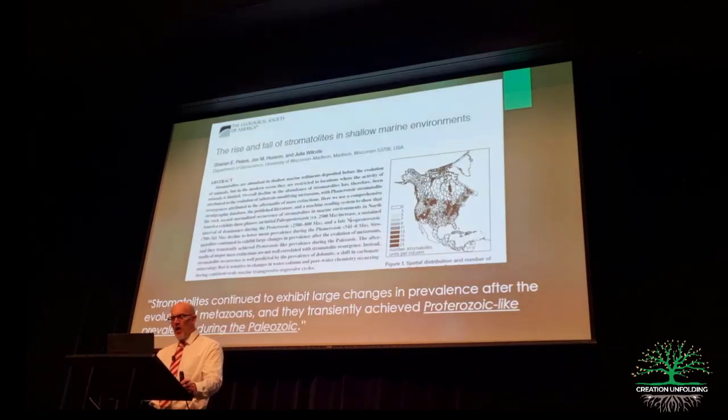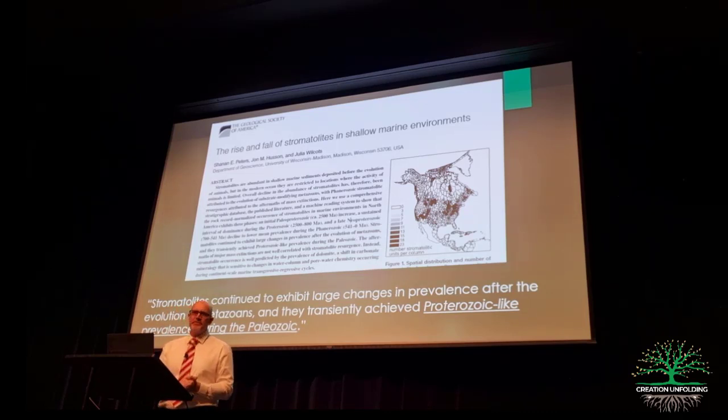So here's what I really want to do here: dispel a creationist myth. The creationist myth goes something like this. There are huge assemblages of stromatolites in the Precambrian, but there are none in the Cambrian, or none in the Paleozoic.